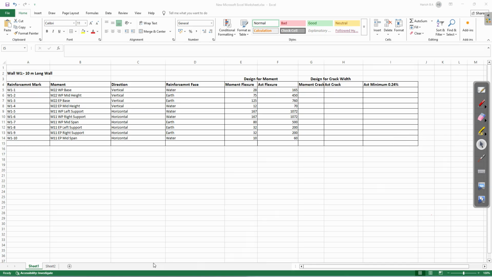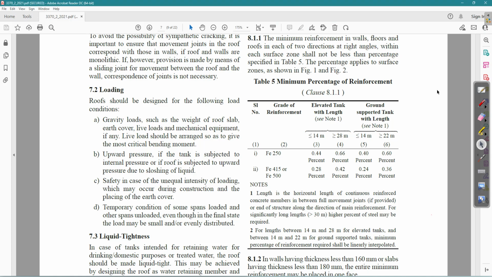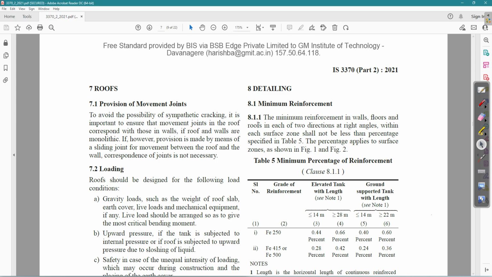So 0.24% of what? See here, it is very important, for which you need to refer this clause 8.1.1.